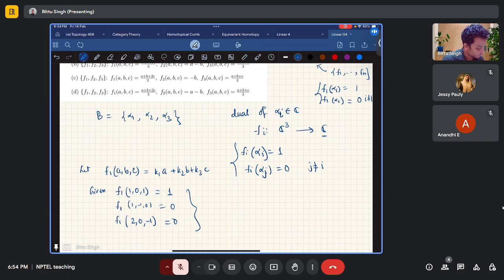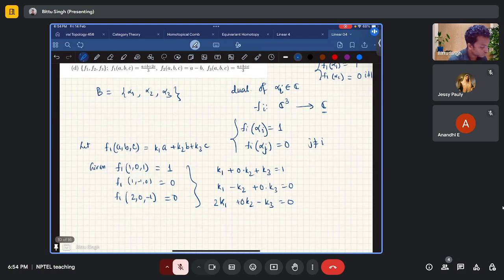So what is the combination? f1 applied on (1, 0, 1) gives k1 plus 0k2 plus k3 equal to 1. Similarly, k1 minus k2 plus 0k3 equal to 0, and 2k1 plus 0k2 minus k3 equal to 0.